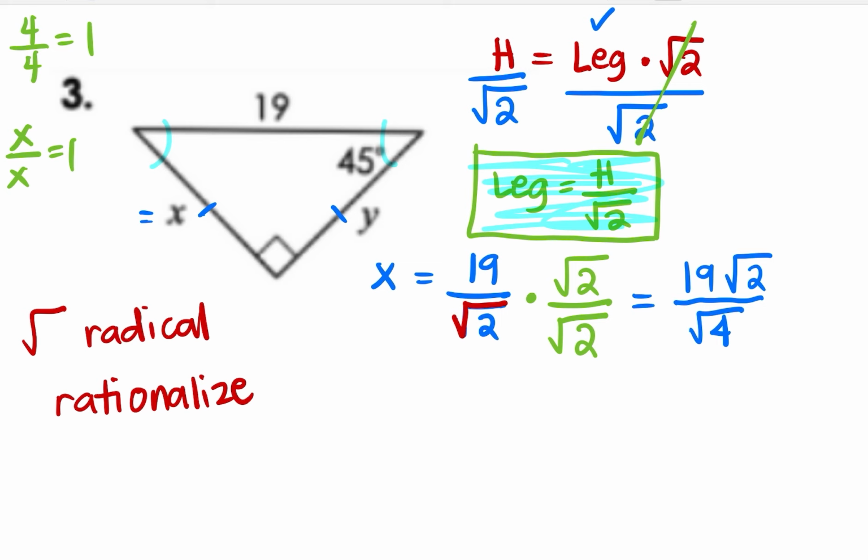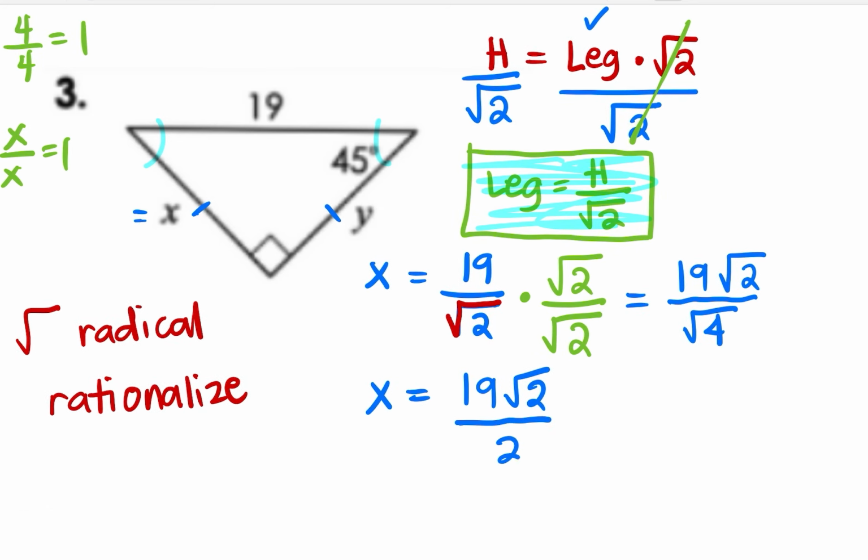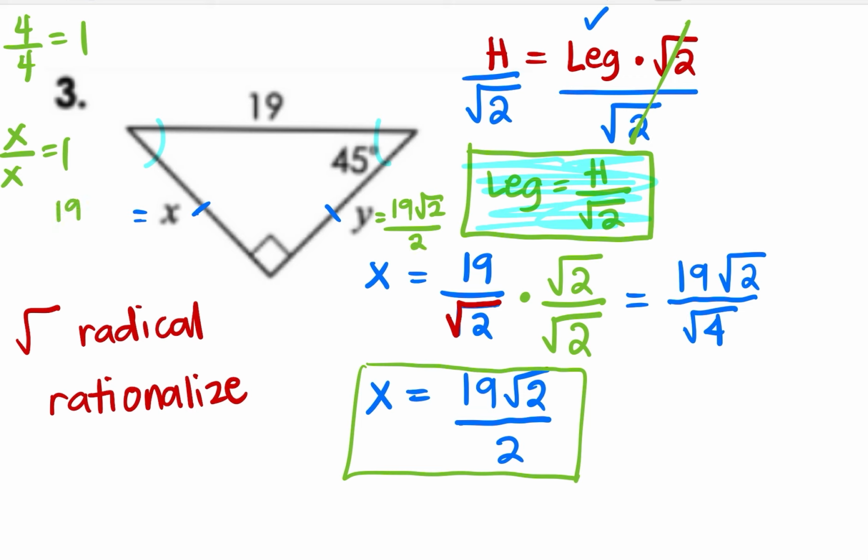So then, therefore, the x value is going to be 19 square root of 2 over 2, because square root of 4 can be simplified into 2. So the x value is equal to 19 square root of 2 over 2, as well as y. So both of them have exactly the same measurement.